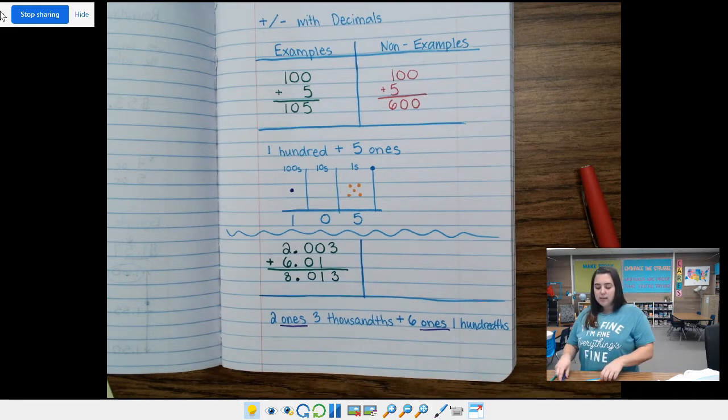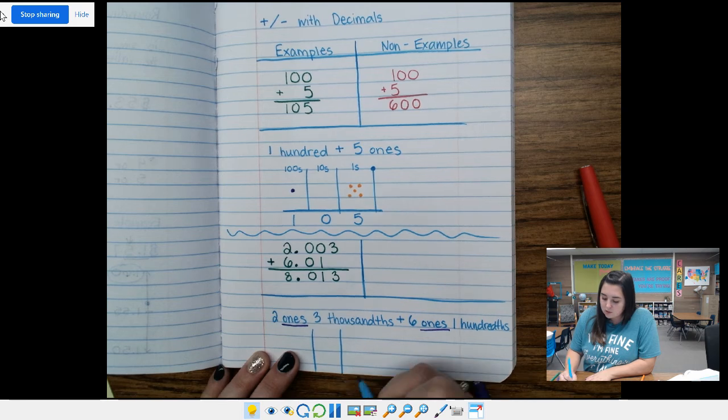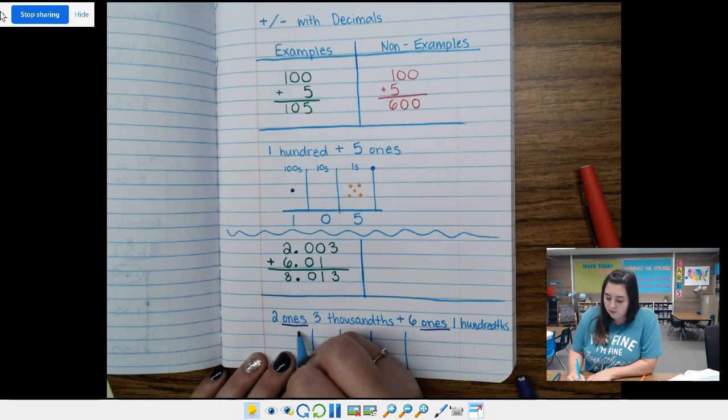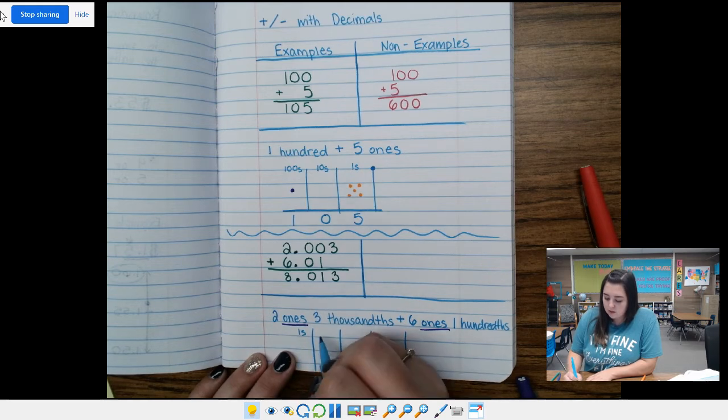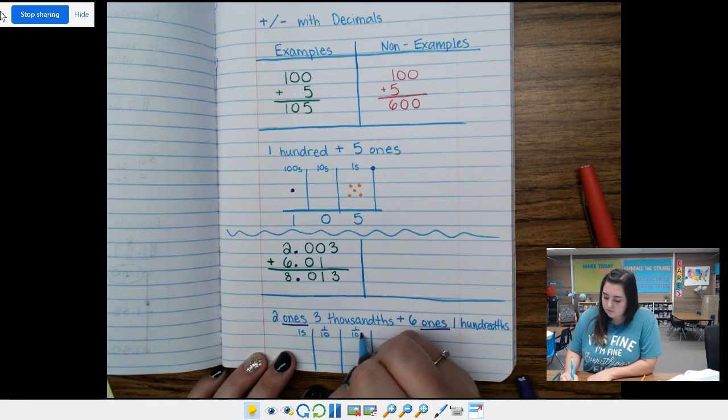So if we worked this out with a place value chart, kind of like we did above, again, you have to write a little small. I'm going to draw, let's do 4 lines this time. 2, 3, 4. And I'll have a ones place, a tenths, I'm just going to do it as a fraction, a hundredths, and a thousandths.